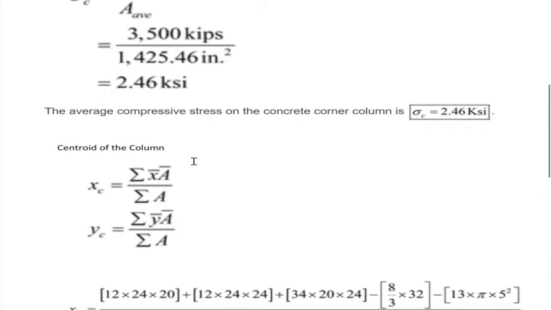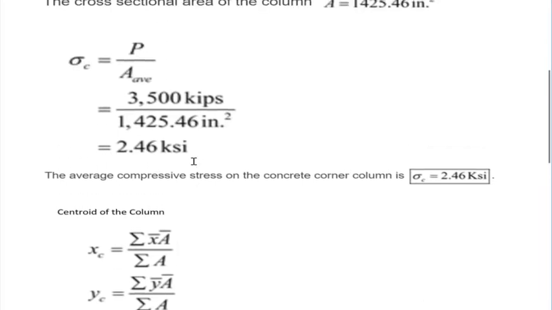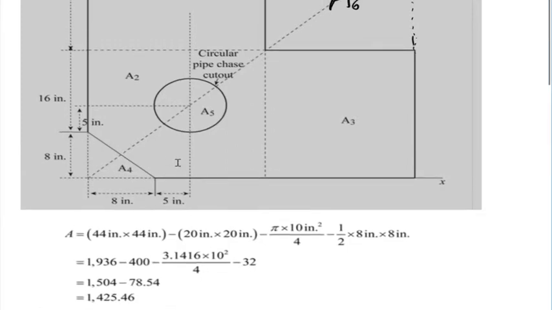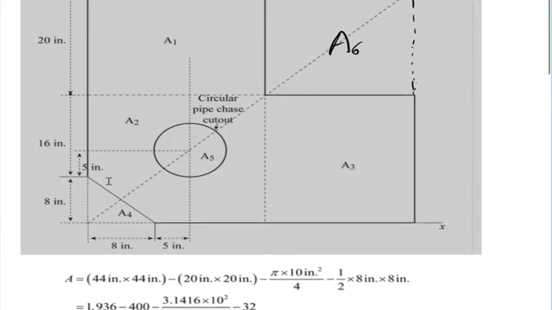Now, this 12 times 24 times 24 is for area 2. That would be this square. The x-coordinate would be 12 because that distance is 24, and the area would be 24 times 24.